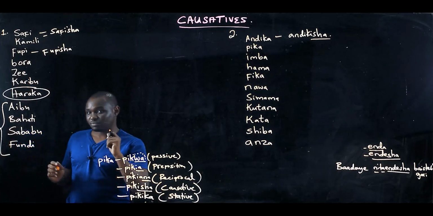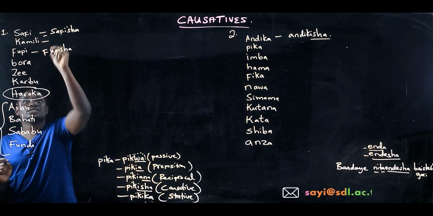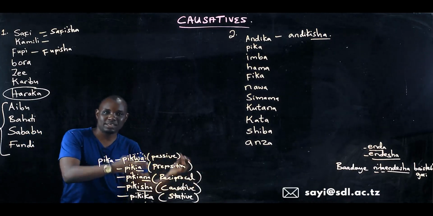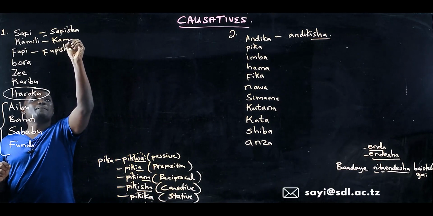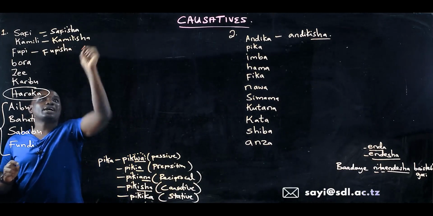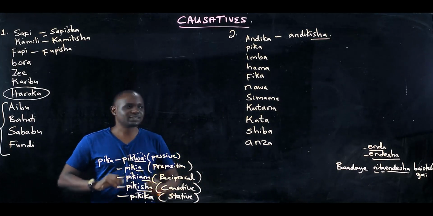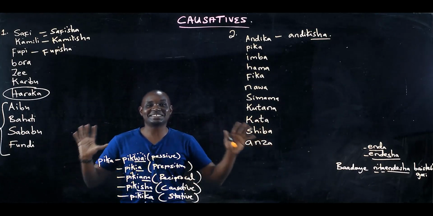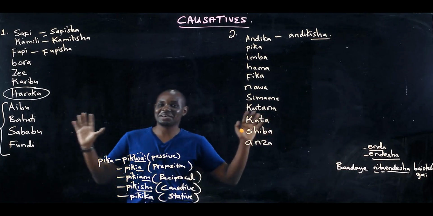I told you, at the end of this topic, you are going to add to your vocabulary. So kamili is complete, but to complete something in Swahili is kamilisha. So after 20 minutes, nitakamilisha kazi hii, nitakamilisha somo langu. Baada ya dakika 20, nitakamilisha somo langu.